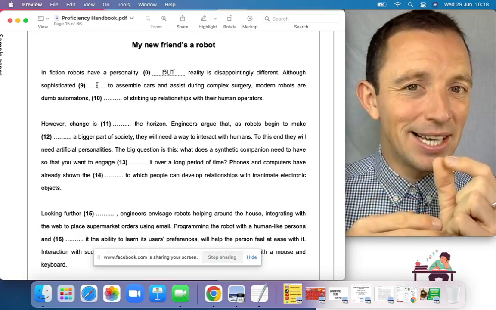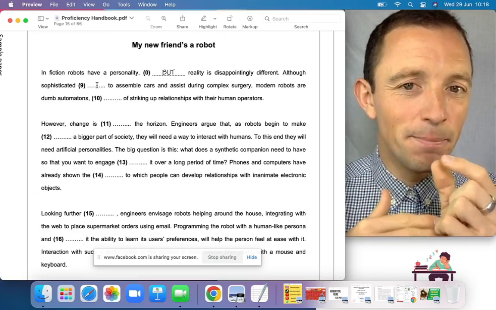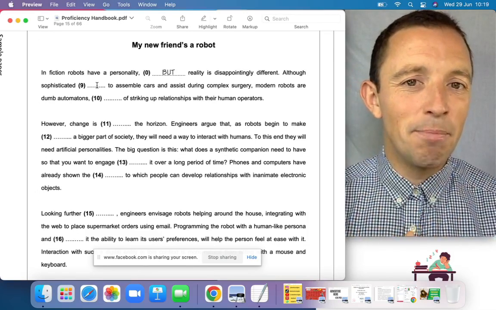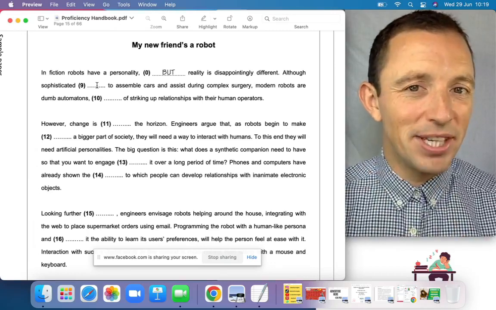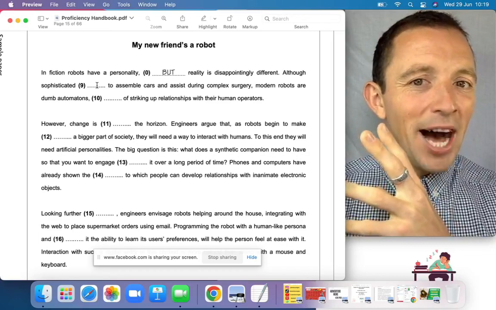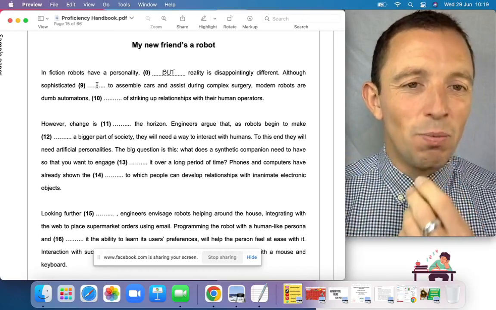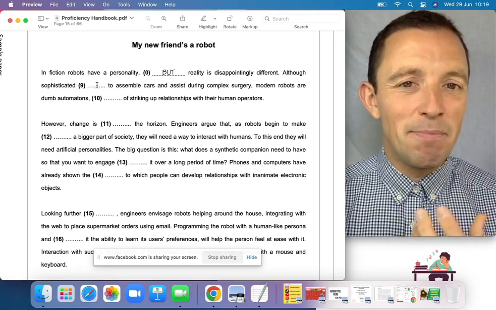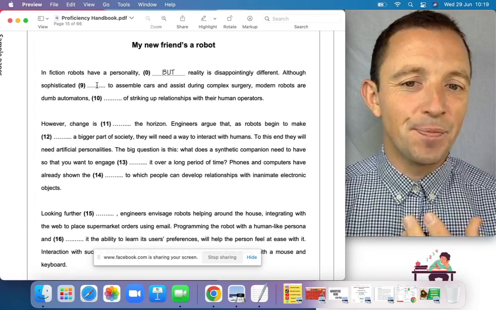A lot of basic grammar parts really make up this exam, in particular part 2. It's not really about vocabulary, no, it's more about small grammar issues, and that's very important to remember.